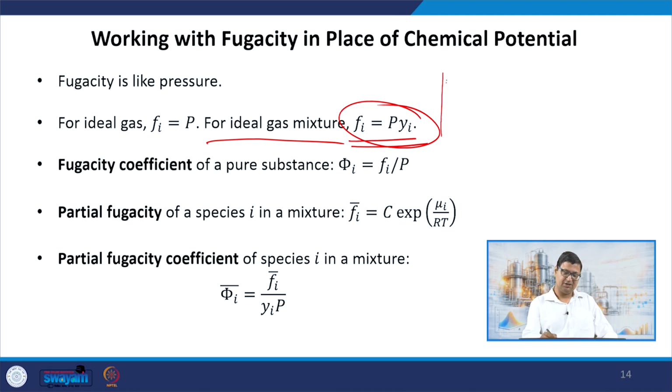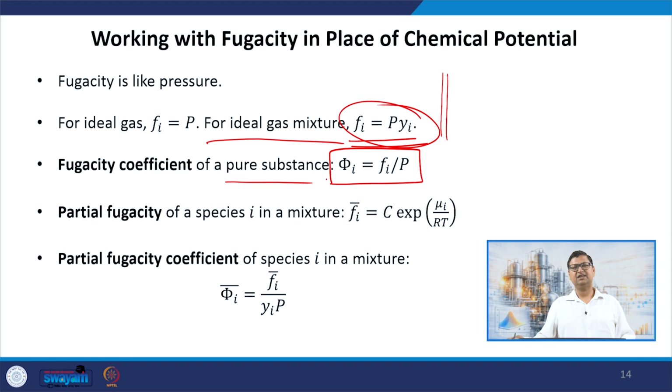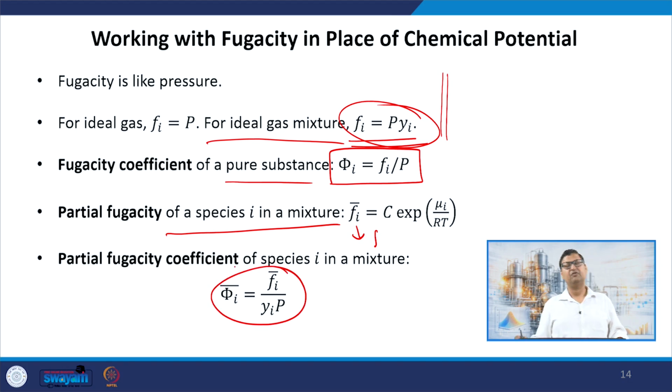Based on this condition for an ideal gas and ideal gas mixture, we can now define something known as the fugacity coefficient, which for a pure substance is equal to the ratio of the fugacity Fi by the pressure, and for a species i in a mixture, that is going to be Fi bar by yiP, where this Fi bar, the partial fugacity, is related to the chemical potential by a relation like this, where C is some arbitrary constant, mu i is the chemical potential of species i, T is the temperature, and R is the gas constant, right?